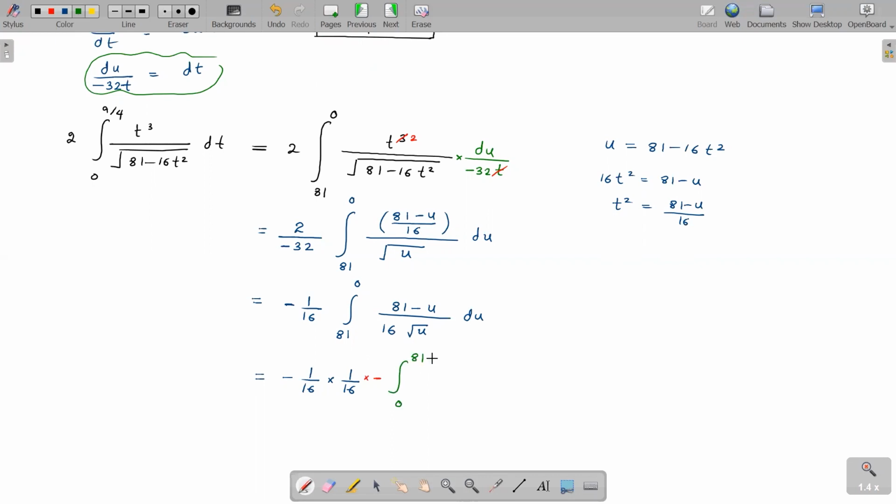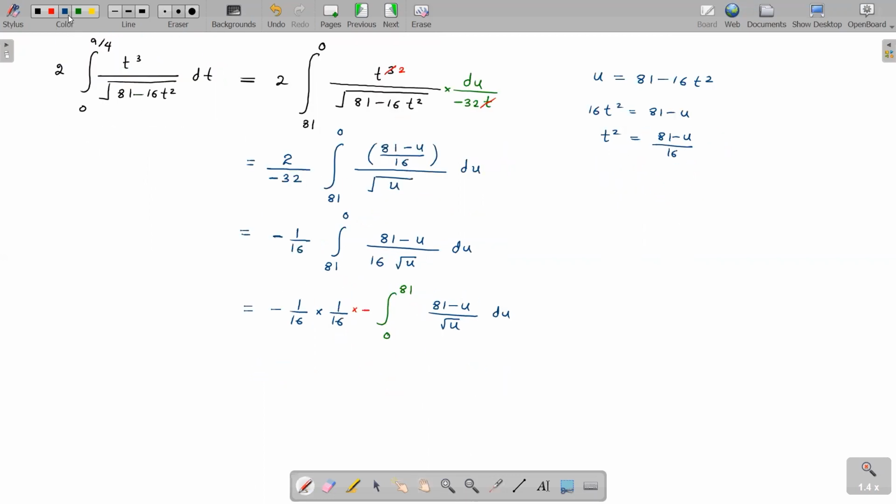It's not actually compulsory to change the limits. You could leave the limits exactly as they are. That is totally fine. I'm just changing this so that it becomes easier for us in terms of simplification.